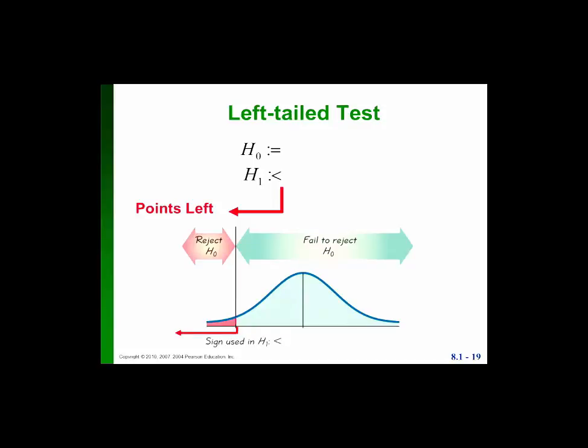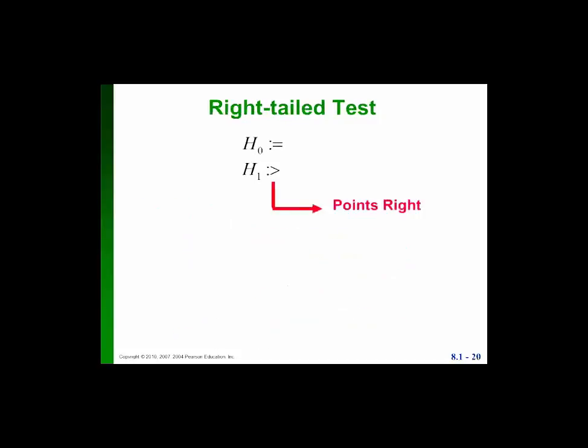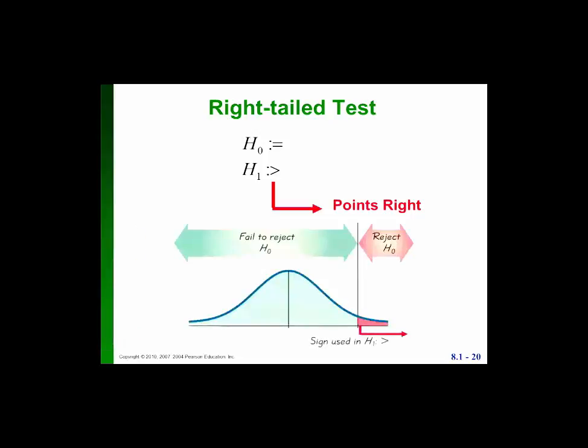If your alternative hypothesis has a greater than in it, then it's a right tail test. That would mean that your rejection region is in the right tail, and unless your test statistic lies out there in the right tail, you're going to fail to reject the null hypothesis.